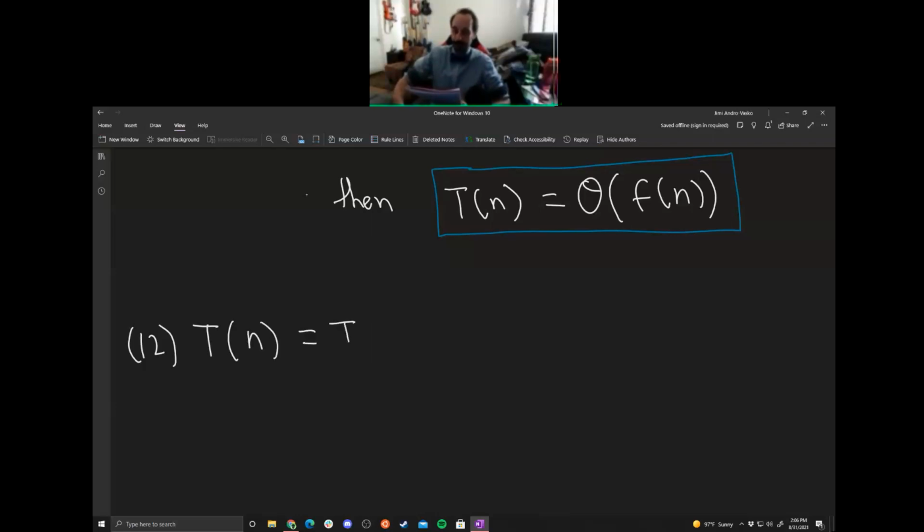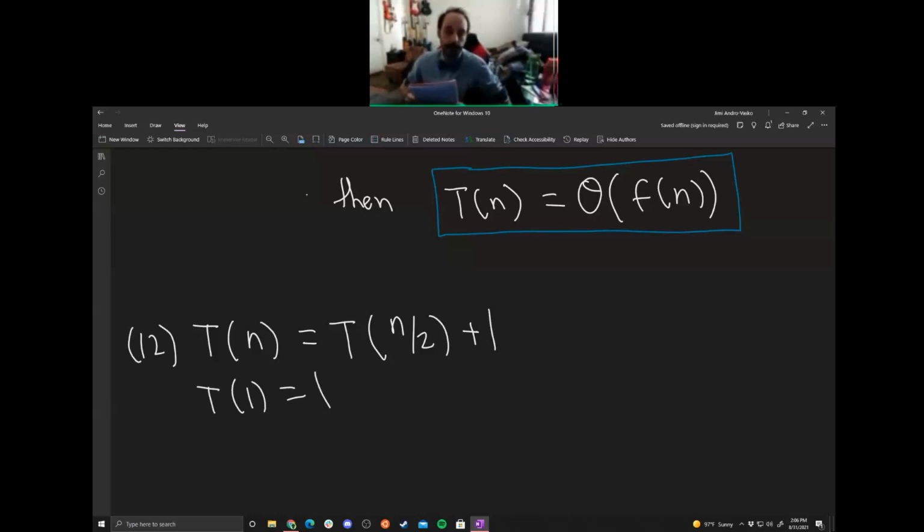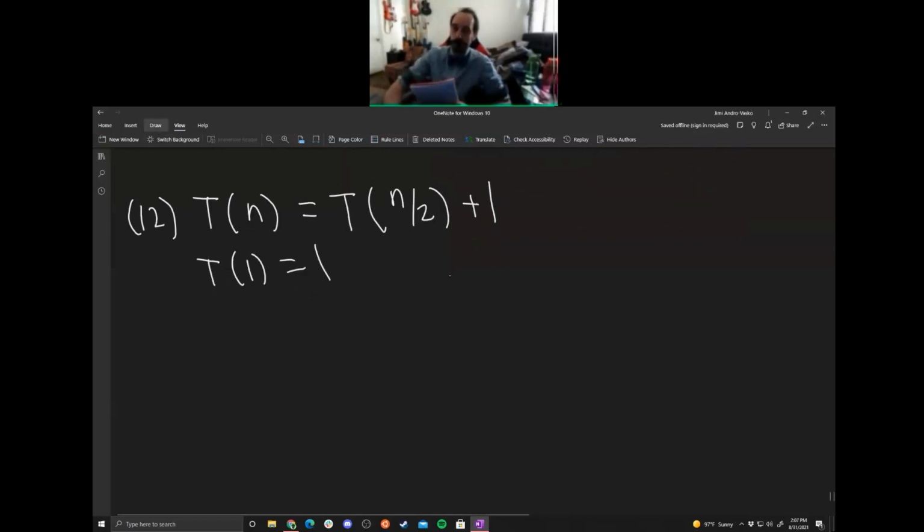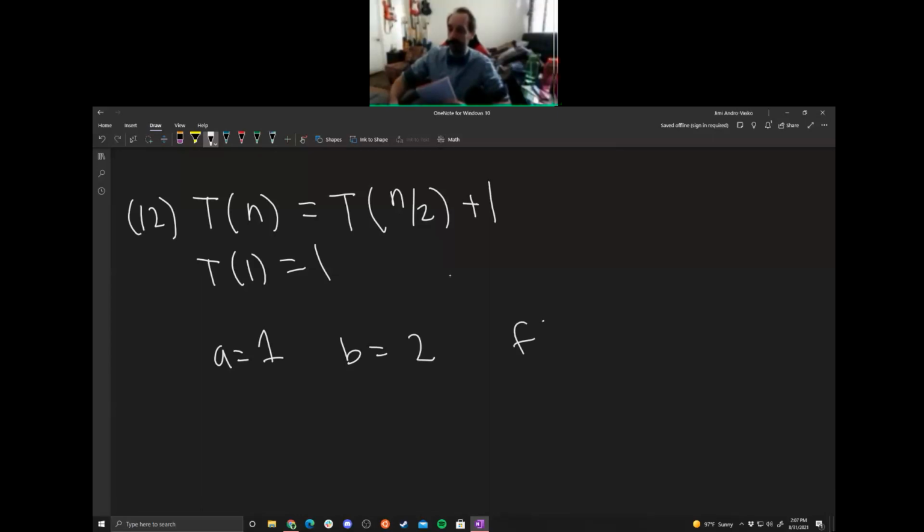So here's a very simple example of the Master Theorem, but I'm going to go ahead and cover examples from before, just to see that I didn't make a mistake with my expansions and my tree method and so forth. So in this example, a is going to be 1, and b is going to be 2, and f of n is going to be simply 1 in this case.